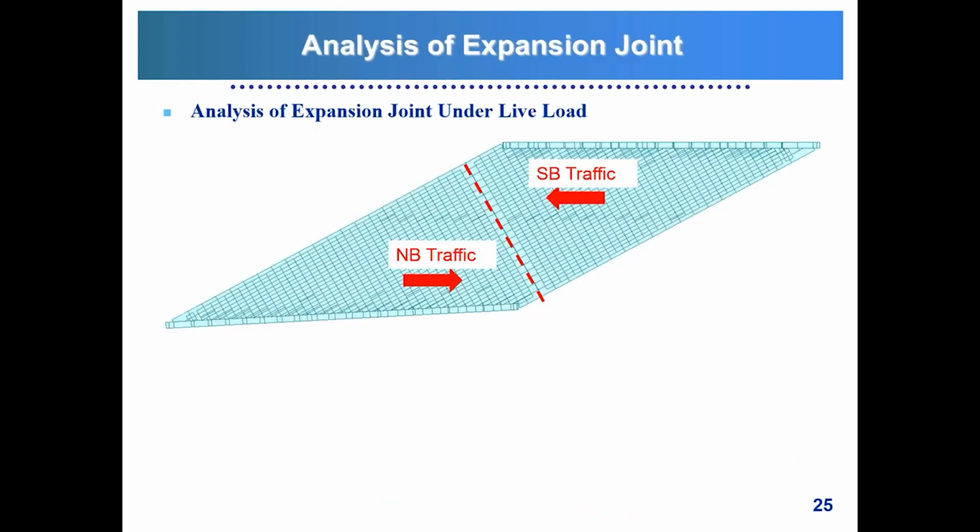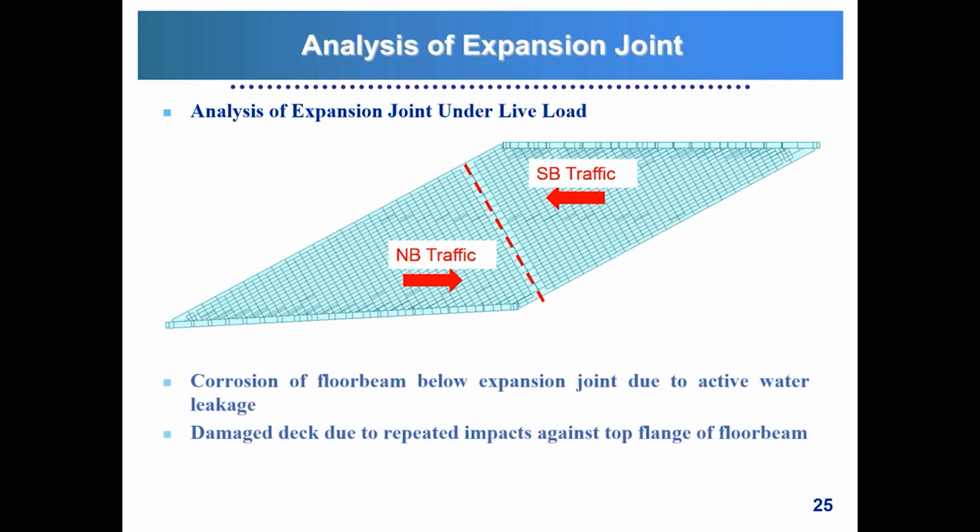Once we go to the expansion joint, here there were a few conditions noted during the most recent inspection report. And obviously, this is a not so typical case, where you have an expansion joint running along the length of a floor beam or a girder. As usual, expansion joints tend to leak water with the de-icing elements.